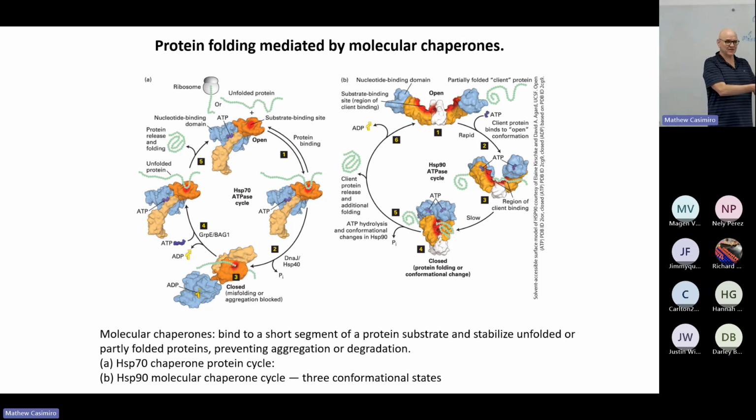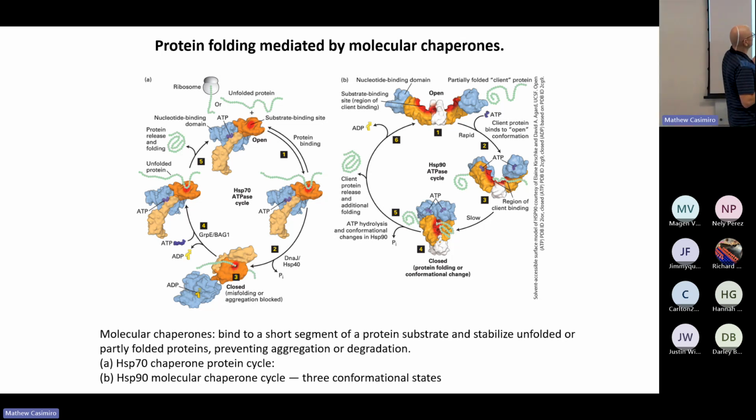Protein aggregates within the cell that form because of hydrophobic interactions can be dissociated into individual proteins through the action of the chaperones. This is a highly ATP-dependent mechanism. You need lots and lots of energy to make these chaperones change their shape.